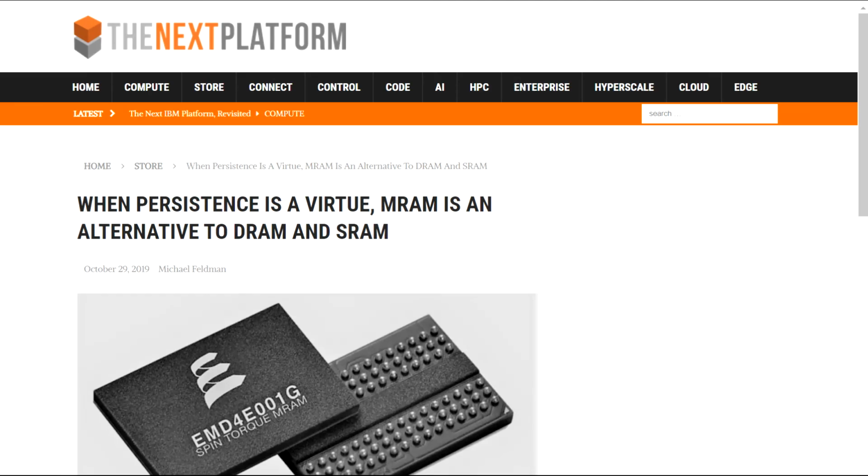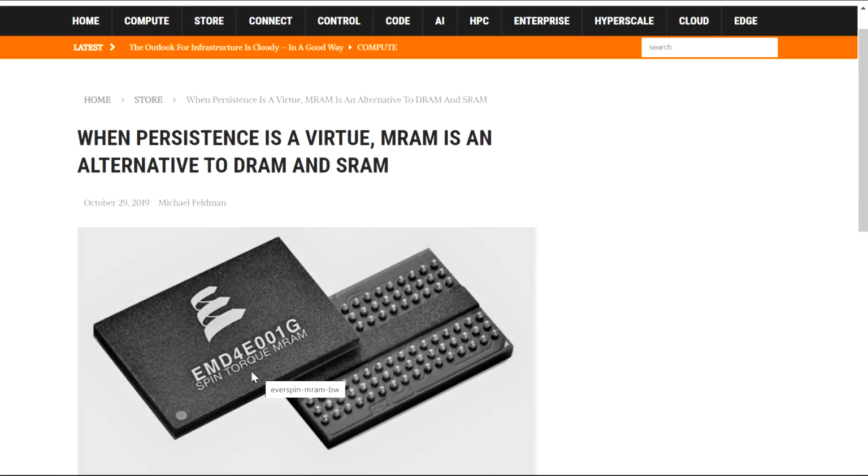So now if you go to the internet, and this is one of the examples, that's the Next Platform website, you will see that there are many companies which are developing memory, and you can see it's written spin torque MRAM. You know the operational random access memory in the computer, RAM.